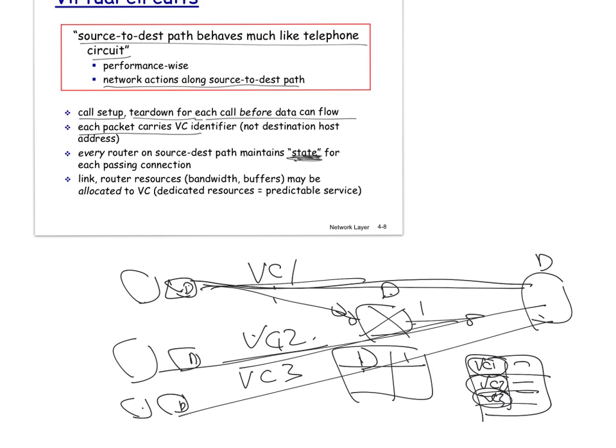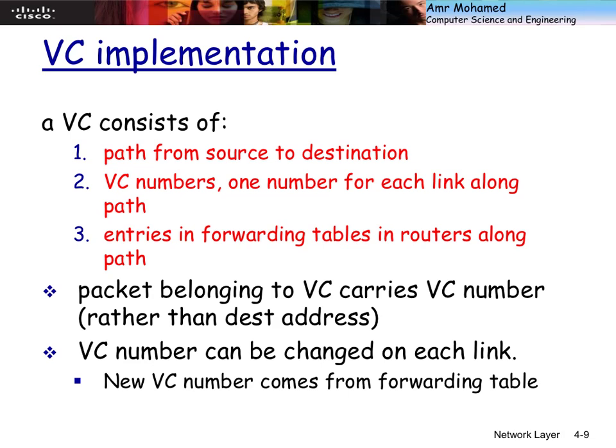So in any case, the virtual circuit talks about dedicated resources. When you have dedicated resources, you can easily guarantee the performance. So that's the good thing about it. So a virtual circuit is composed of a path from a source to destination, a specific path, and virtual circuit numbers. Okay, so someone might say, we talked about virtual circuit identifier. Why do we talk about numbers now? Okay, we'll talk about that. So one number for each link across the path.